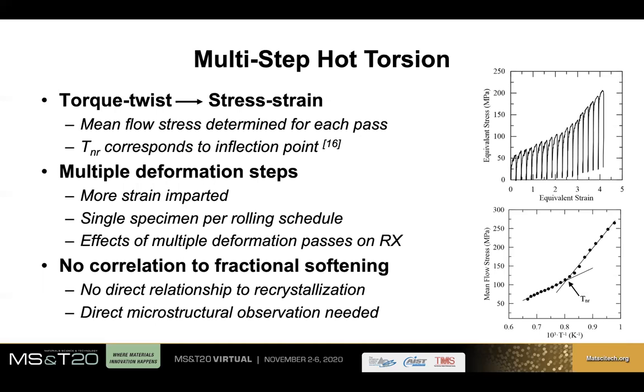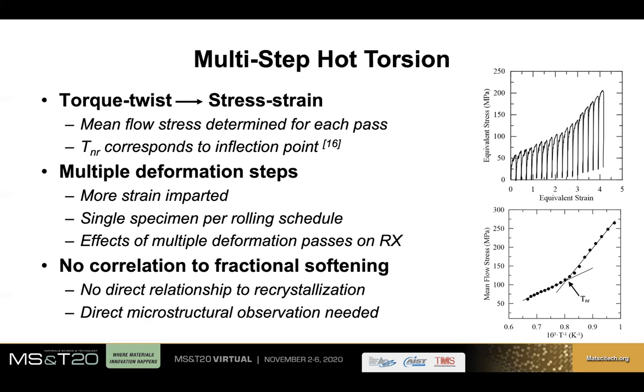To calculate TNR from the multi-step hot torsion test, we then determine the mean flow stress for each pass and plot this as a function of inverse deformation temperature. And you can see a plot of mean flow stress versus inverse deformation temperature on the bottom right-hand plot. And in this plot, we see two distinct linear regions, and region 1 on the left-hand side of the plot corresponds to high temperature deformation, where the increase in flow stress is due to a reduction in temperature alone.